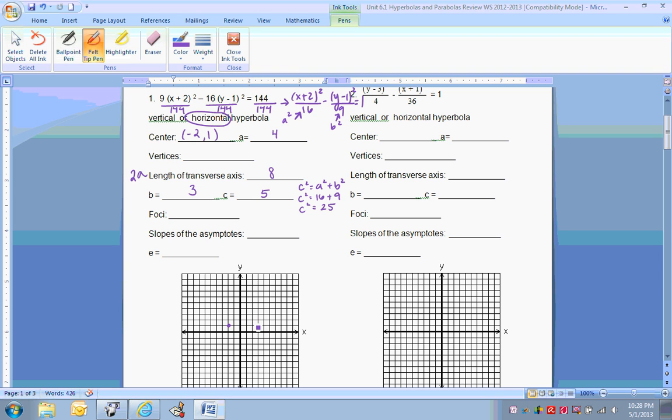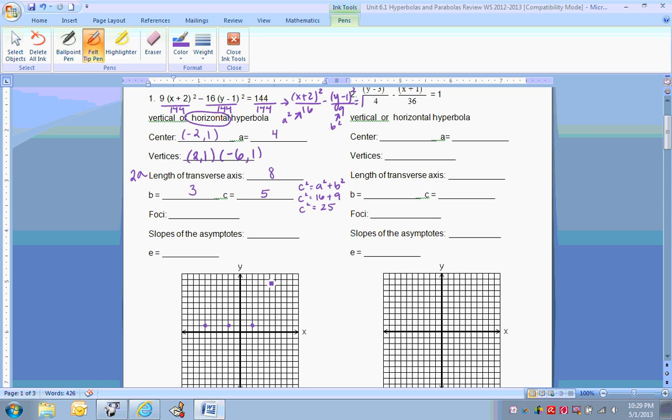So I'm going to go 1, 2, 3, 4 to the right and 4 to the left. And those are my vertices because a represents the distance from your center to your vertices. So my first vertex is at 2, 1, and my other vertex is at -6, 1.